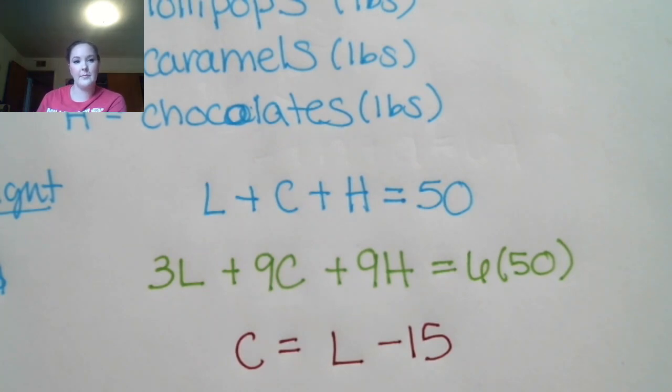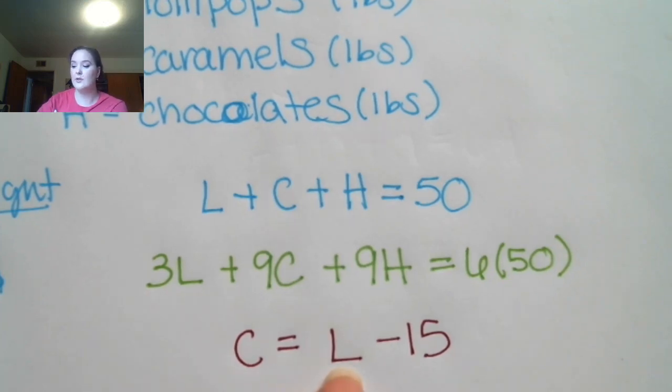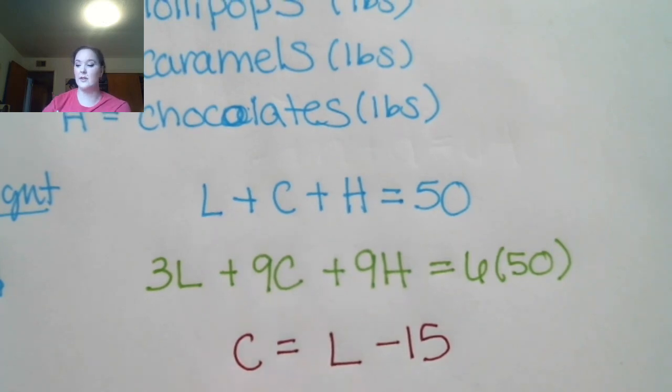If you have these reversed, you should be able to tell by doing an example. For example, if she uses 25 pounds of lollipops, she should be using 10 pounds of caramels, 15 pounds less. You can check that it works: 25 minus 15 is 10. Yes, so my equation is in the right order. It's a common mistake to have these reversed.